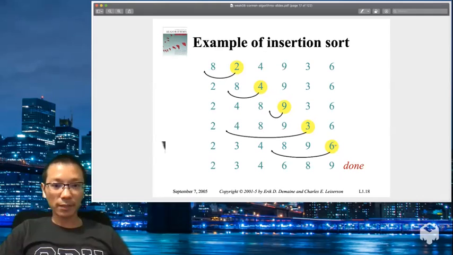The algorithm still runs. It starts from this 3, and the 3 compares with the 2 and stays in the same place. 4 compares with the 3, it stays in the same place, and so on. So we're still examining the n minus 1 elements. They will be done. There are essentially no movements.